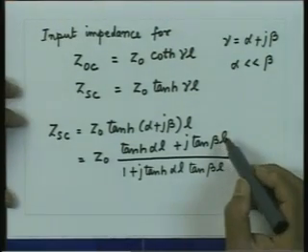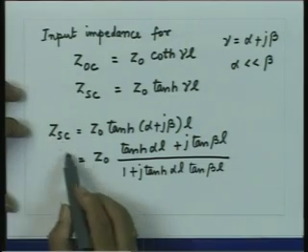So, in general, for a length of a line, the input impedance of the short circuited line is given by this.